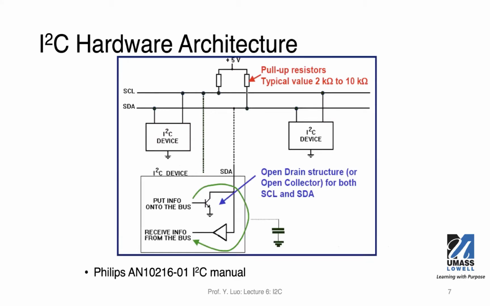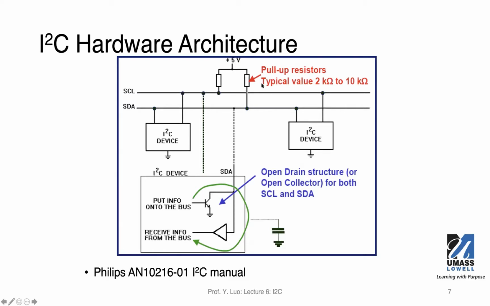This is the hardware architecture, essentially a simple schematic of how we possibly connect I2C devices. We don't show the power and ground, but besides those, we have the SCL and data line, SCL and SDA. We only need these two lines. We often have multiple I2C devices, so you can have this one, and other ones. All these I2C devices connect to these two wires. Each of them has a separate SDA and separate SCL pin that will be connected to this bus.